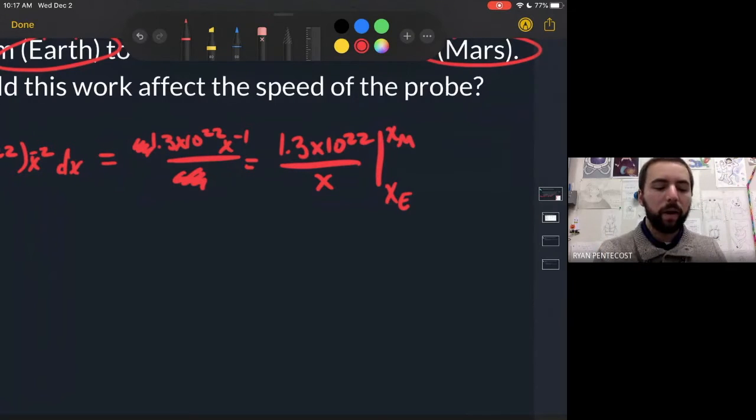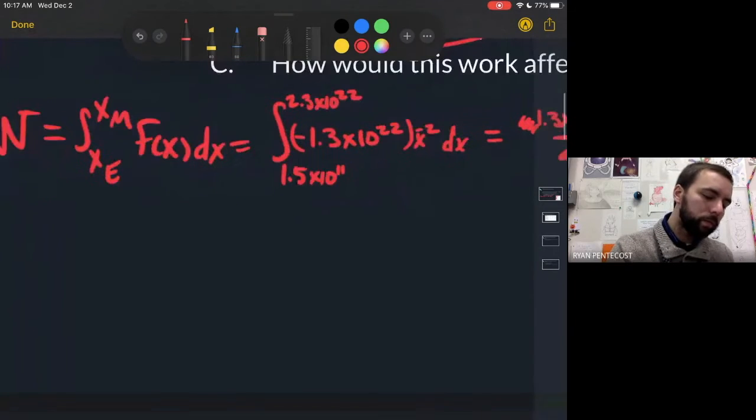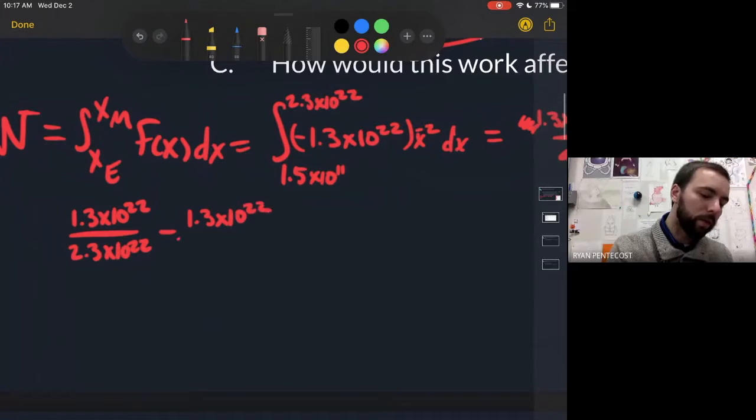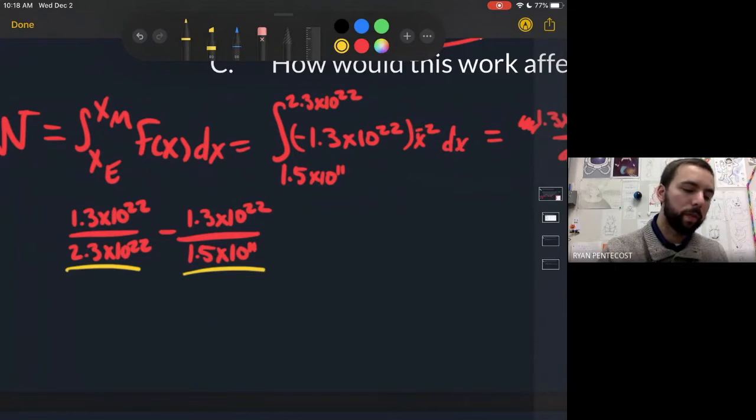So now we do final minus initial to get our value, because this is a definite integral. So we would take 1.3 times 10 to the 22nd divided by 2.3 times 10 to the 22nd minus 1.3 times 10 to the 22nd divided by 1.5 times 10 to the 11th. So we took the distance from the sun to Mars, that's our final. The distance from the sun to Earth, that's our initial.